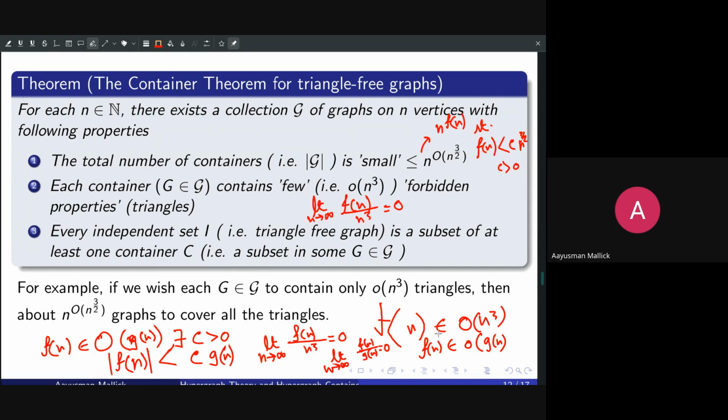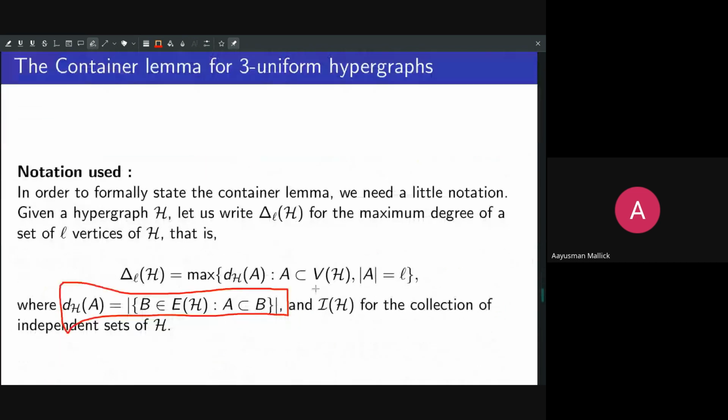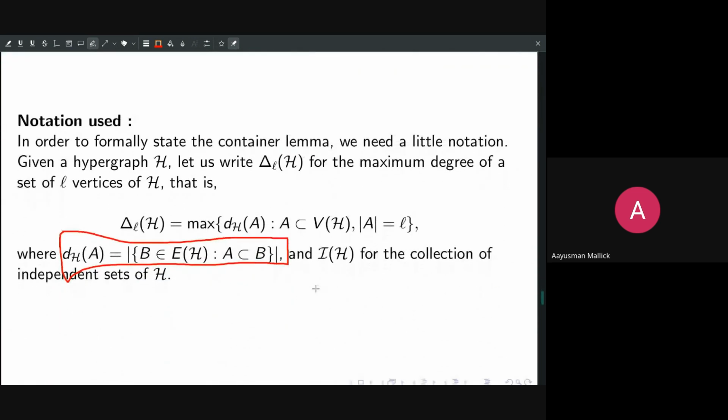And for the much more generalized statement, from triangle-free graphs to general uniform hypergraphs, here we use the notation of degree and also this notation of delta subscript L of the hypergraph.